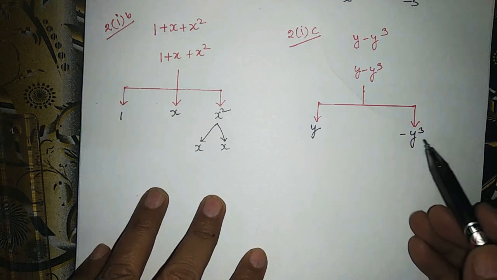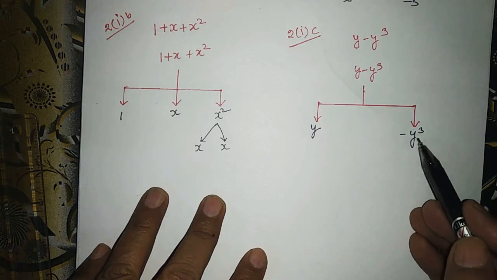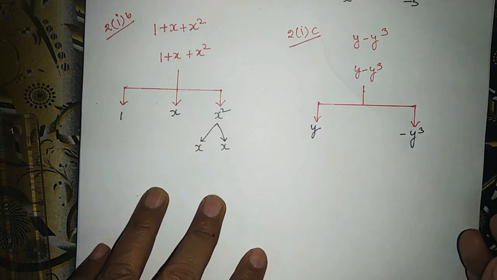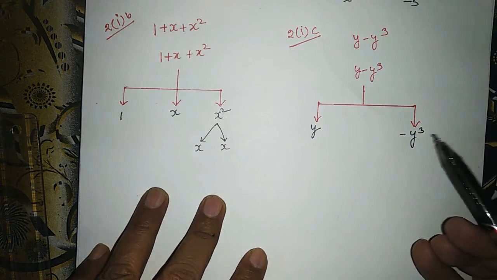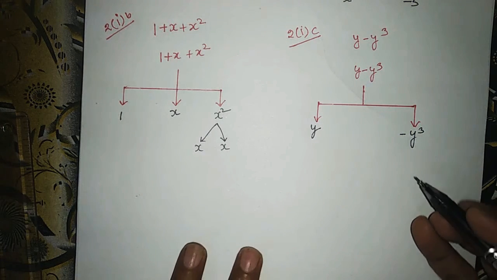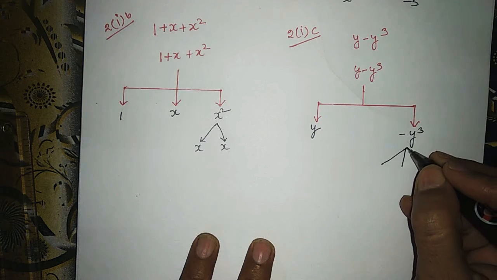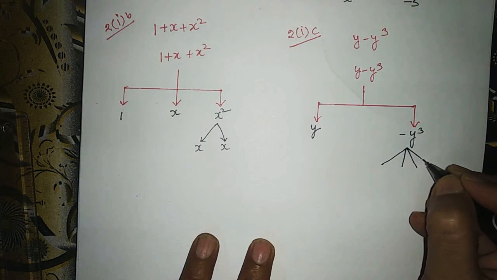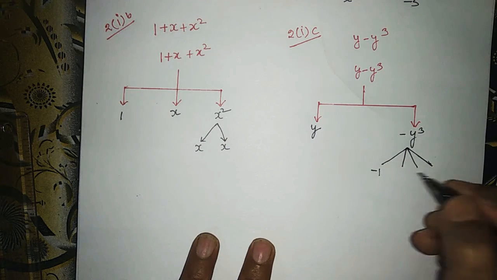Now we will write the factors of minus y cube. Here no need to write any factor for y, it is y only. Here minus y cube. So to write factors for this, what we will write? Here see children, first thing we will write minus 1.